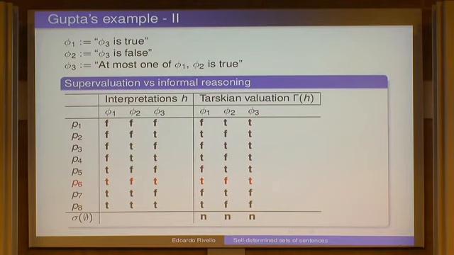We observe that there is one assignment of truth values, P6, which looks like a fixed point of this intuitive operation, since under evaluation, the truth values assigned to the three sentences are left unchanged. Indeed, this assignment is exactly the right assignment to which Gupta's informal argument led us.